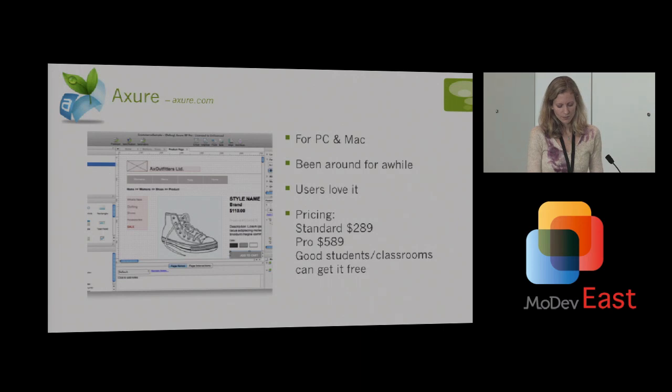Pricing is a little bit more than OmniGraffle, and students and classrooms can get it for free. So I think they do some sort of check whether you're a good student or a bad student somehow on their site. Not quite sure how that works, but worth a shot, right?